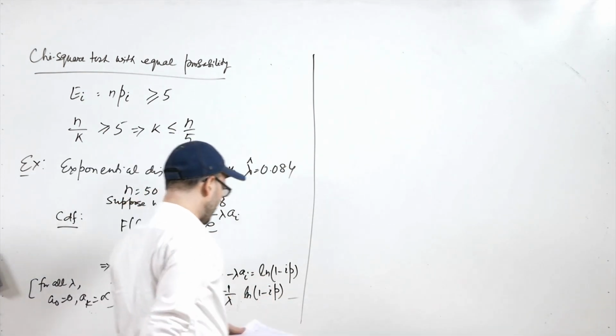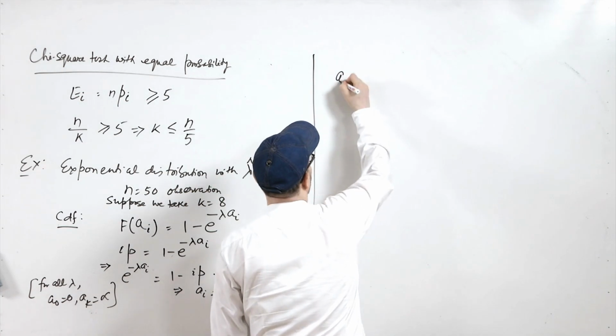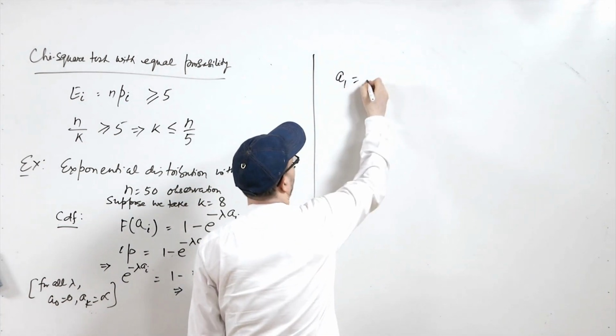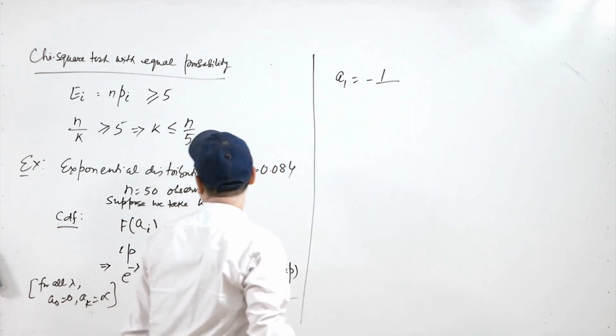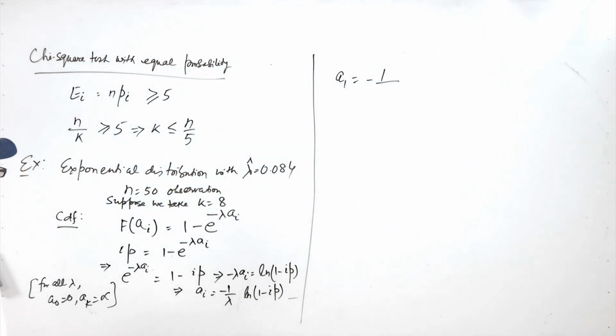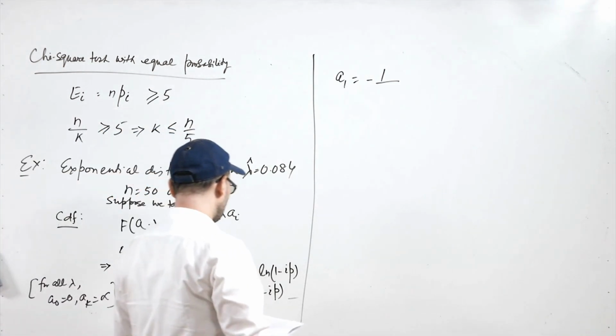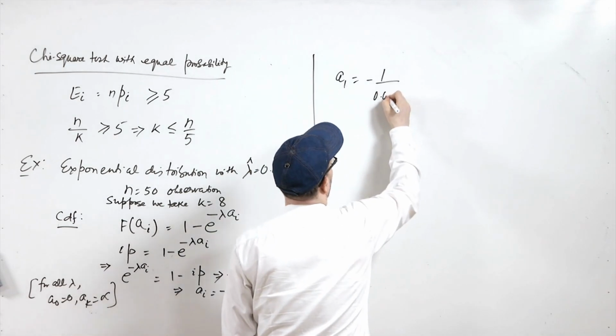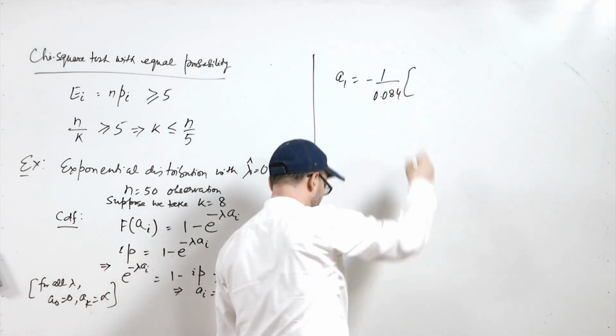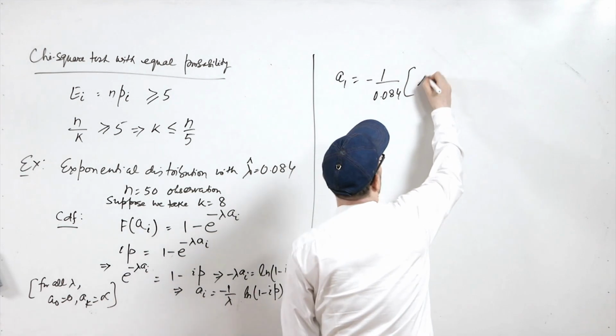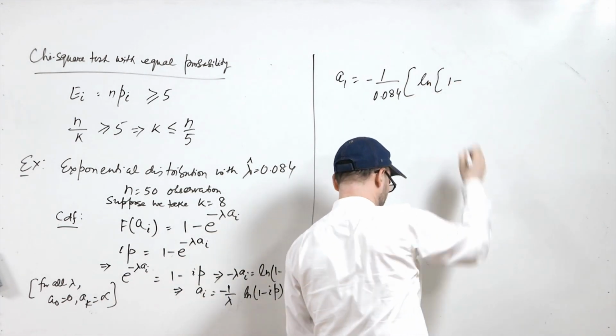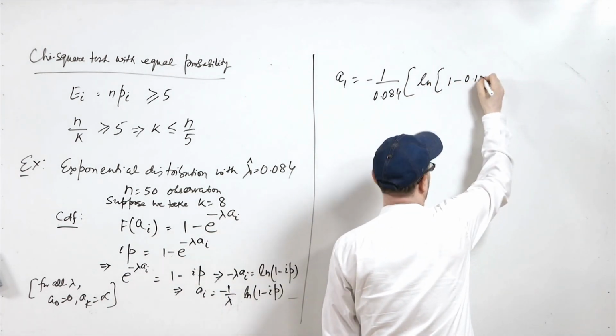So for the first one, A1 will be minus of 1 by lambda, where lambda is given as 0.084, into ln of 1 minus 0.125.